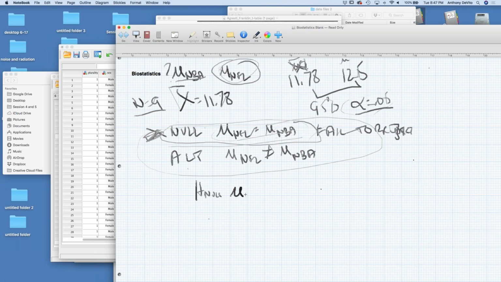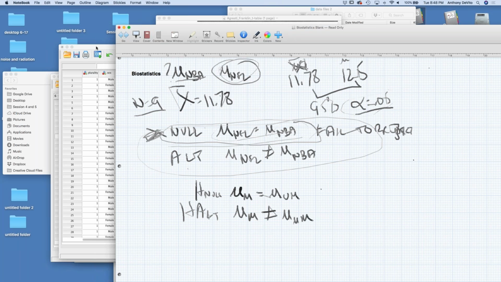The mean birth weight for married women is the same as the mean birth weight for unmarried women. Or my alternative hypothesis is the mean birth weight for married women does not equal the mean birth weight for unmarried women. So we want to know, can I reject this null hypothesis and accept this alternative hypothesis?